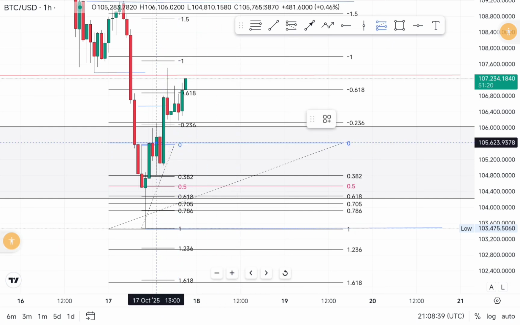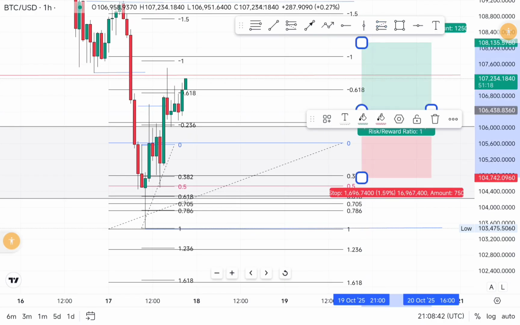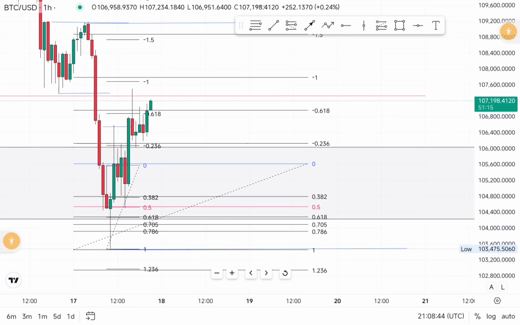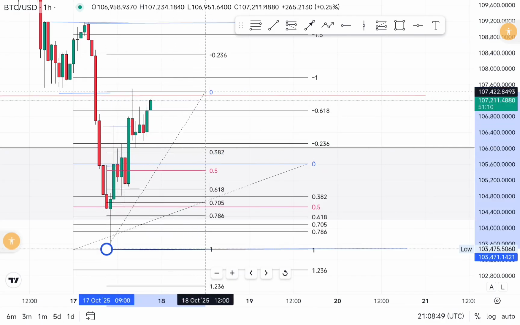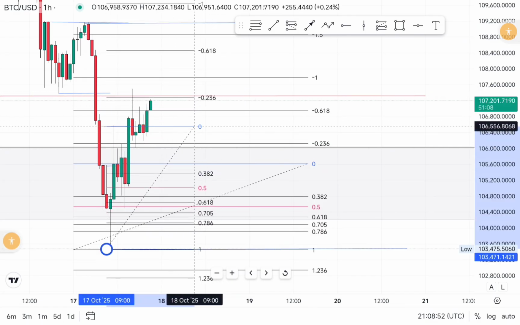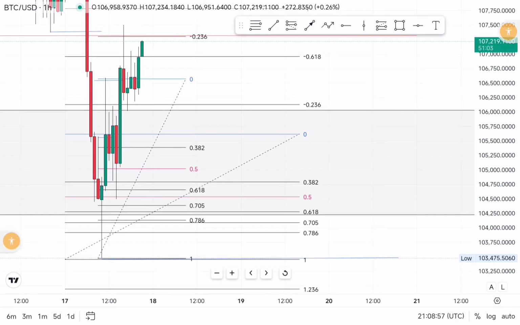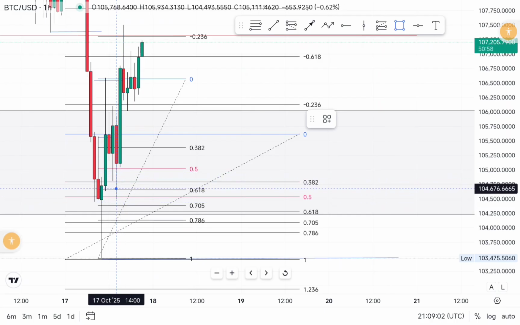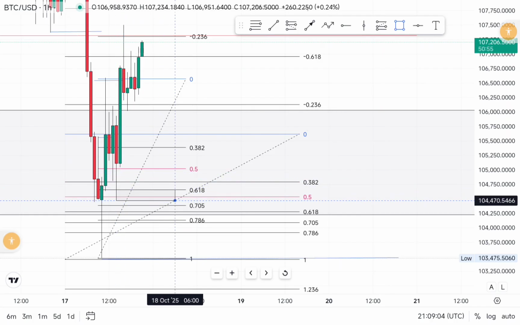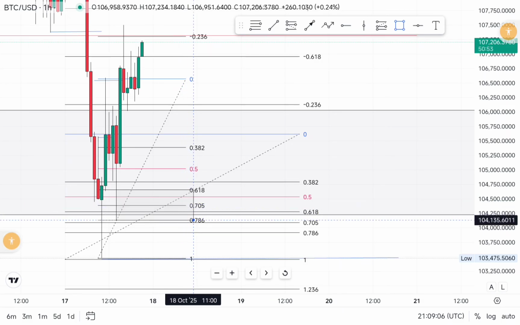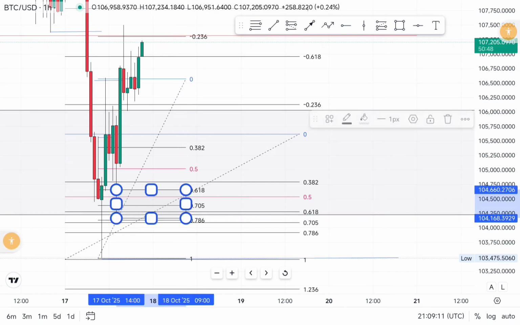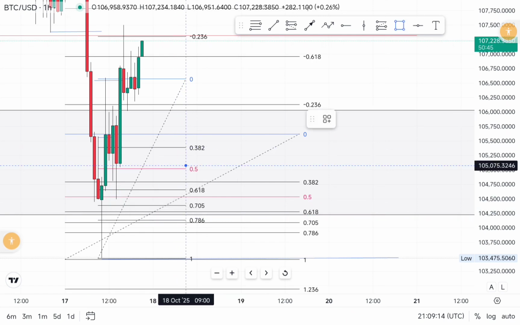And guys, as you can see, after the third candlestick closes above the previous high, it pulls back to test the 0.61 to 0.705 region. That is the uniqueness of the Fibo deviation tool.